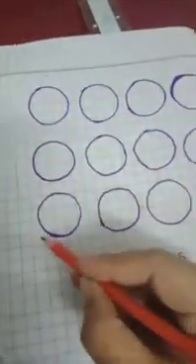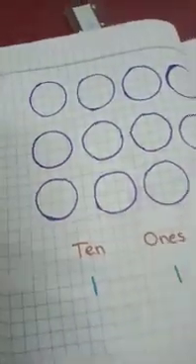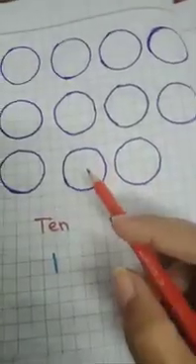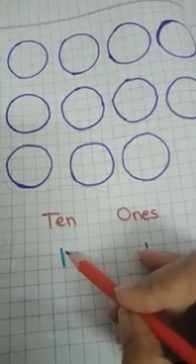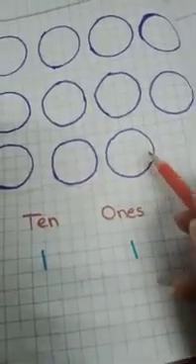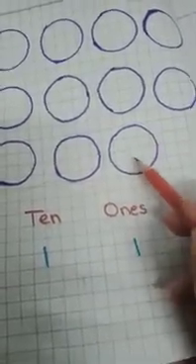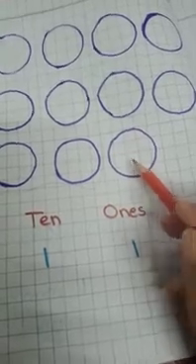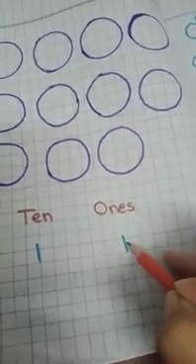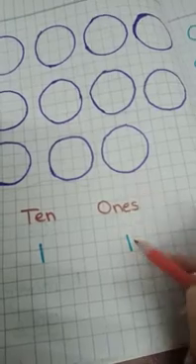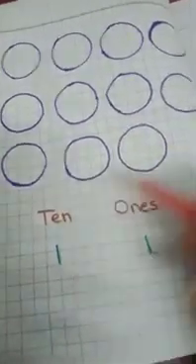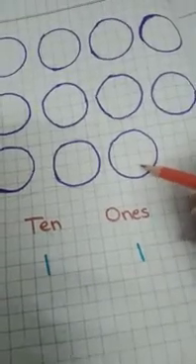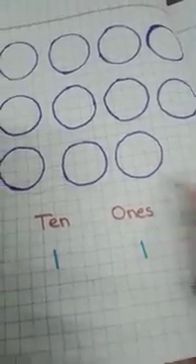Count with me, 1 to 10, and draw a line, like this. This is 1 ten, and the remaining circle is how many? 1. This is ones. This is 1 ten, 1 one. Very good.